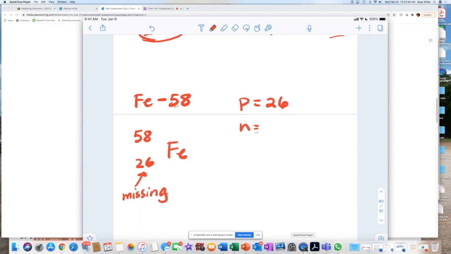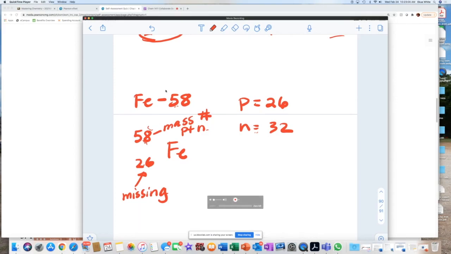Number of neutrons is the difference from the mass number. Remember, this is a mass number, and this is protons plus neutrons. So what is this? 58 minus 26, 32, right? The difference between these two. So when you have the atomic symbol in the proper form, it makes it easier.